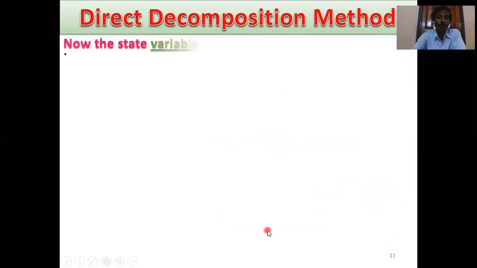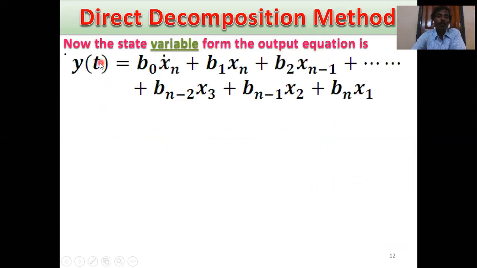In the state variable form, the output equation is y of t equals b0 xn dot, the nth order differential equation, plus b1 xn plus b2 xn minus 1 plus dot dot dot bn minus 2 x3 plus bn minus 1 x2 plus bn x1.